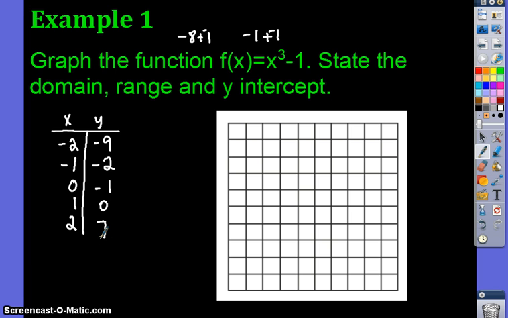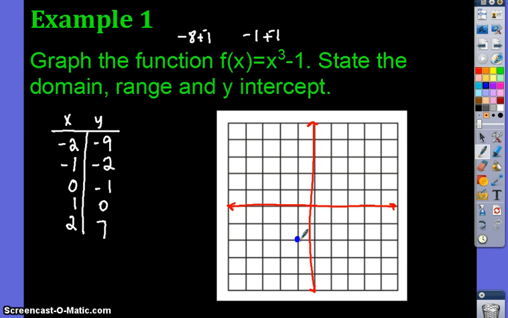All right, so let's go ahead and plot some of these. Choose my colors. So many colors here to choose from. Here are my x and y axes. I'm not going to be able to plot all of my points on here, but you're going to get the picture. So let's start with negative 1, negative 2.